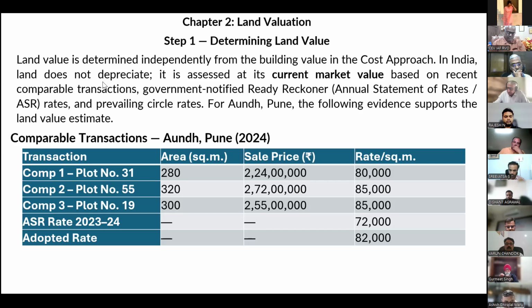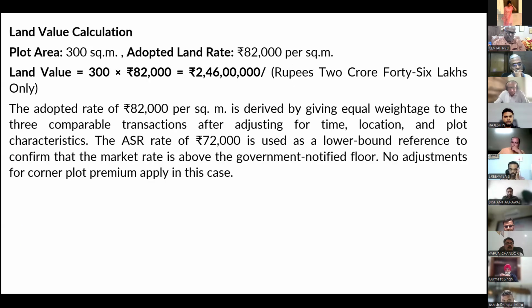So land value is 82,000 per square meter, land area is 300 square meter, and value comes out to be 2 crore 46 lakh. We are giving equal weightage to the three comparable transactions. We assume that time, location, and plot characteristics are similar. Guideline rate is 72,000. As it is not a corner plot, we are not applying any adjustment for corner plot.